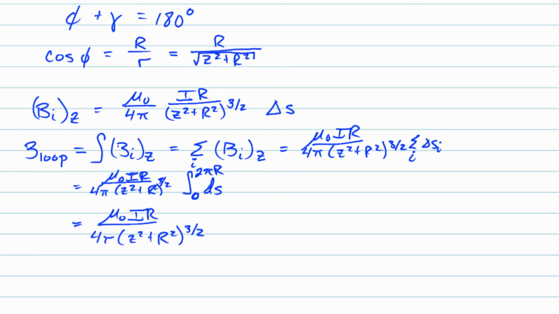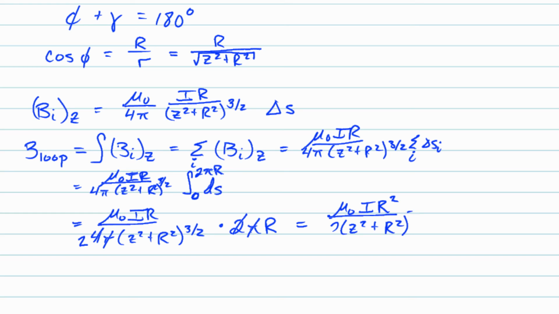The integral of ds is just going to be s. And since we're evaluating it from 0 to 2 pi R, this is just going to give us a 2 pi R. Again, this is capital R at this point. I can go ahead and cancel some things out. So I've got a pi on the top and the bottom, I've got a 2 on the top and the bottom, and I can go ahead and combine my R's.